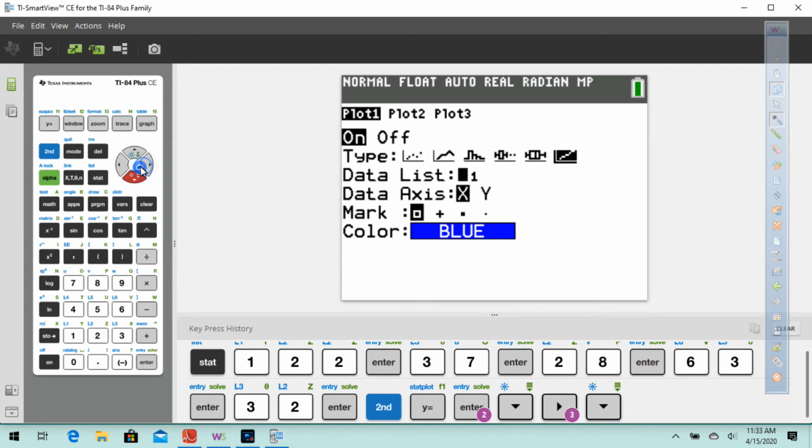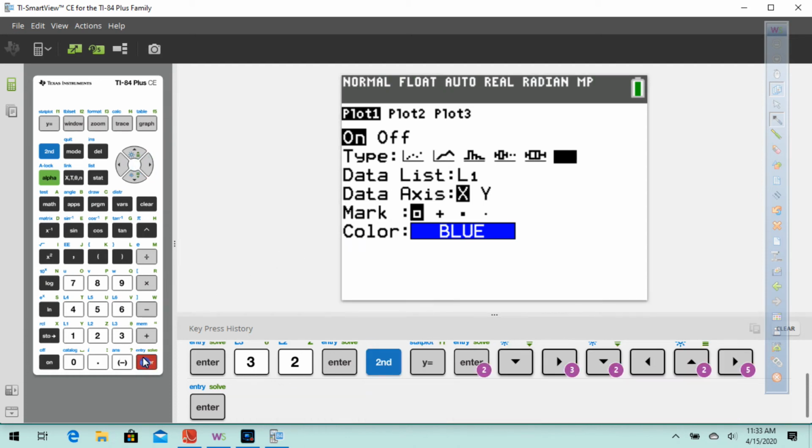Now we want to make sure that we highlight the one all the way over here to the right. That's the one we want to highlight. And our data list is in L1.